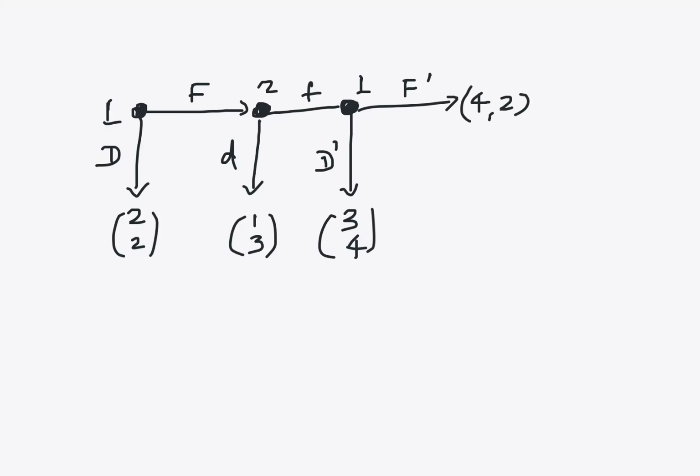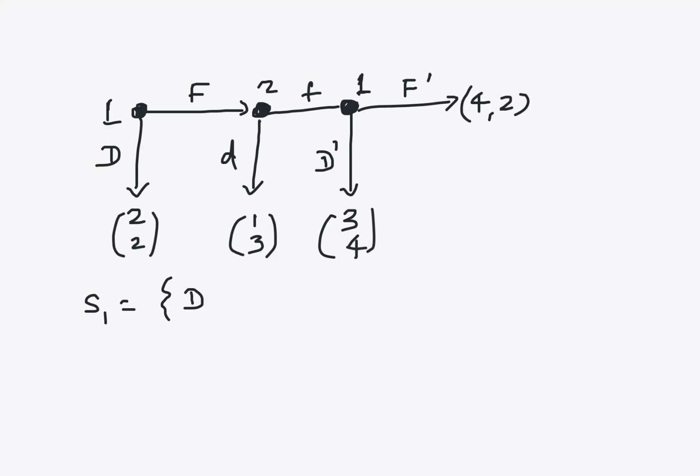So let's write down the strategy set for player 1. Here, player 1's strategy set consists of D. So in the first stage, player 1 can move down, but then you also have to tell what player 1 is going to do if the third stage of the game is reached. Keep in mind that a strategy requires you to specify actions in every possible contingency, right?